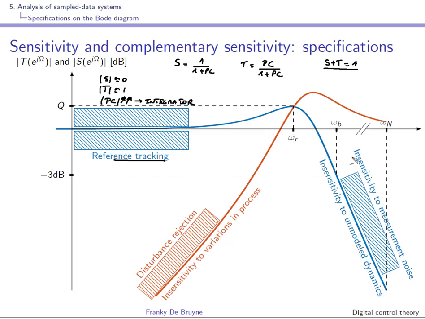In the high frequency range above the bandwidth frequency, we had imposed that the modulus of T is as small as possible, and this means that you take a low loop gain so that the modulus of PC is small in the frequencies above the bandwidth frequency, and this will ensure that you have insensitivity to unmodeled dynamics and insensitivity to measurement noise.